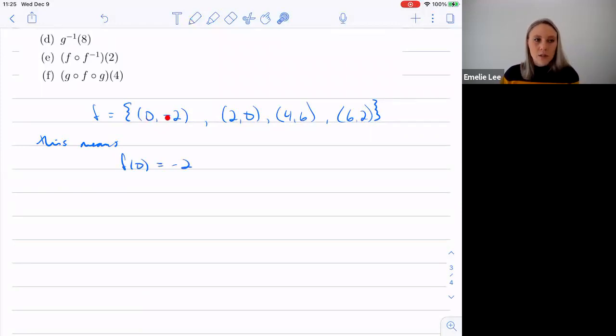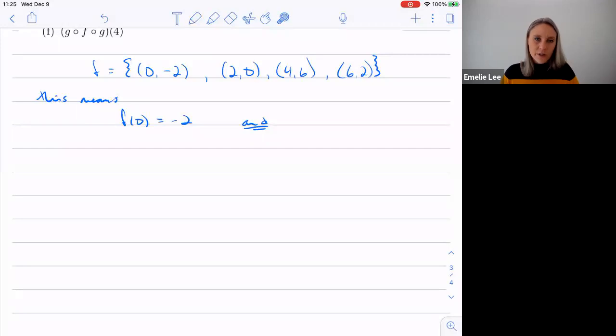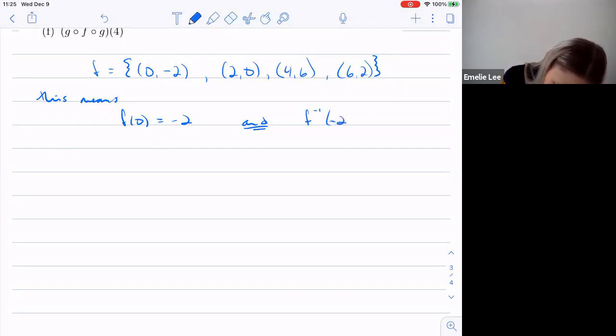So if I give it 0, it gives a -2. So the output is -2 and the input is 0. And if we're talking about the inverse, so essentially if I move this f over to the right-hand side in a fake way, then the f inverse of -2 equals 0.